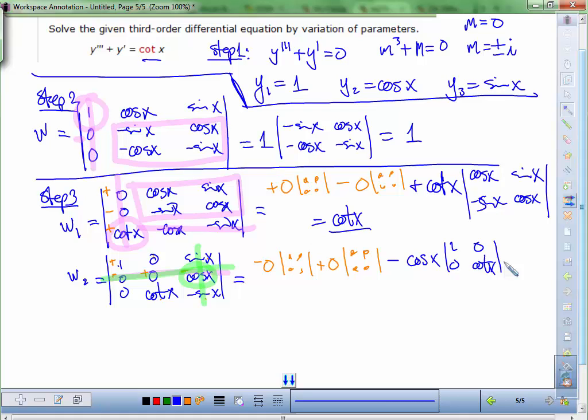I don't know if any of you decided to expand a different way, but if you did, we should still get the same results. So I have a negative cosine x, and the determinant of this is 1 times cotangent. I don't know if it's worth writing as cosine over sine, so that would be cosine squared over sine. I don't think it's worth rewriting until we need to later on.